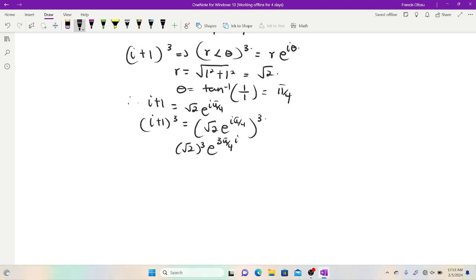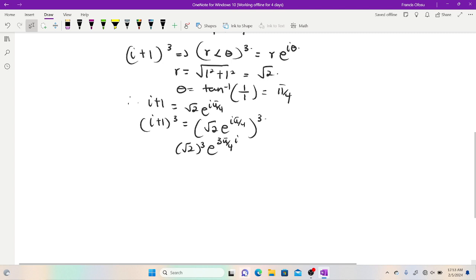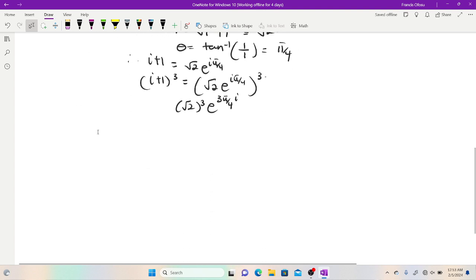Now let's convert the denominator to polar form also. The denominator is 1 minus i.